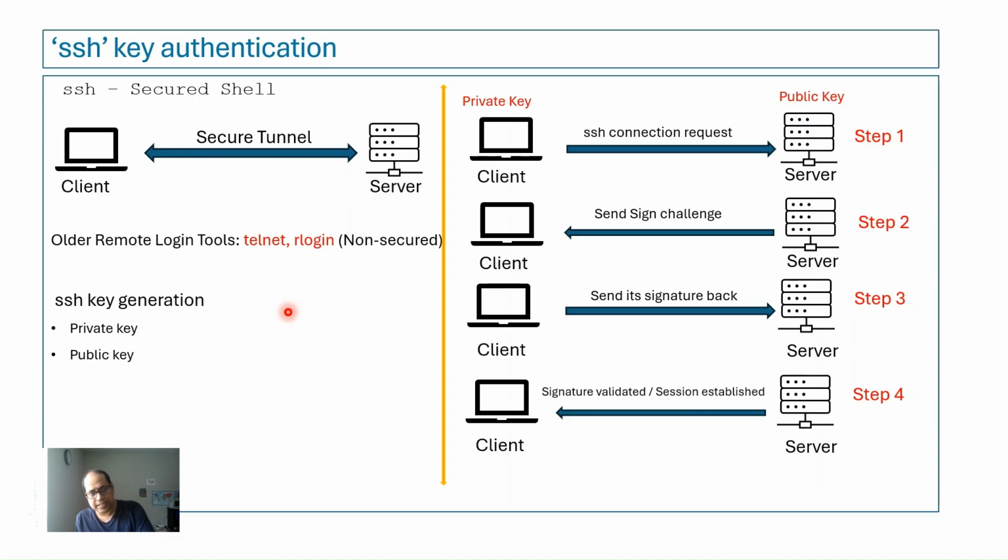But in the 90s, when everything was connected over a wide network and everybody was connecting through the internet, we needed a secure channel for this communication and remote login. So SSH is a better way to do secure communication.